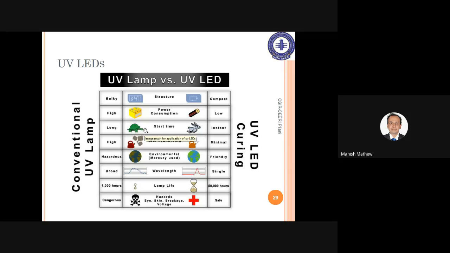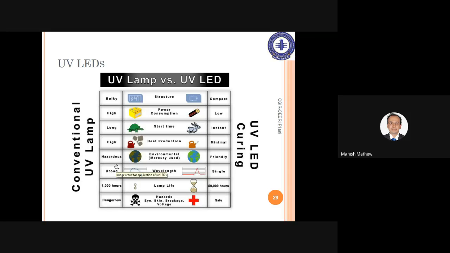Once you switch on this UV lamp, it takes some time to reach a constant output power. So the start time is very long. Then it produces a lot of heat. And the main disadvantage here is it's very hazardous. Why? Because all the UV lamps are made from mercury, which is not at all environmentally friendly.